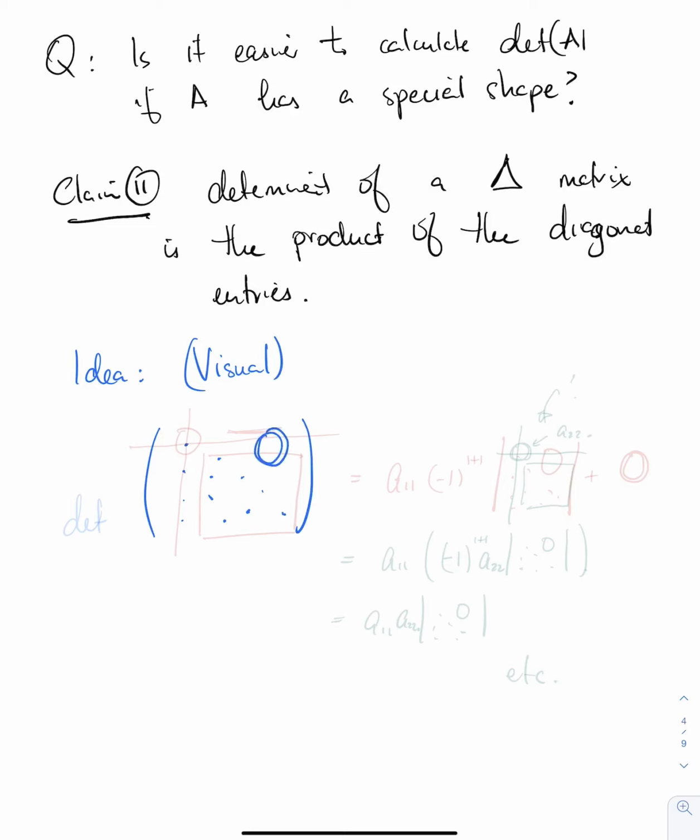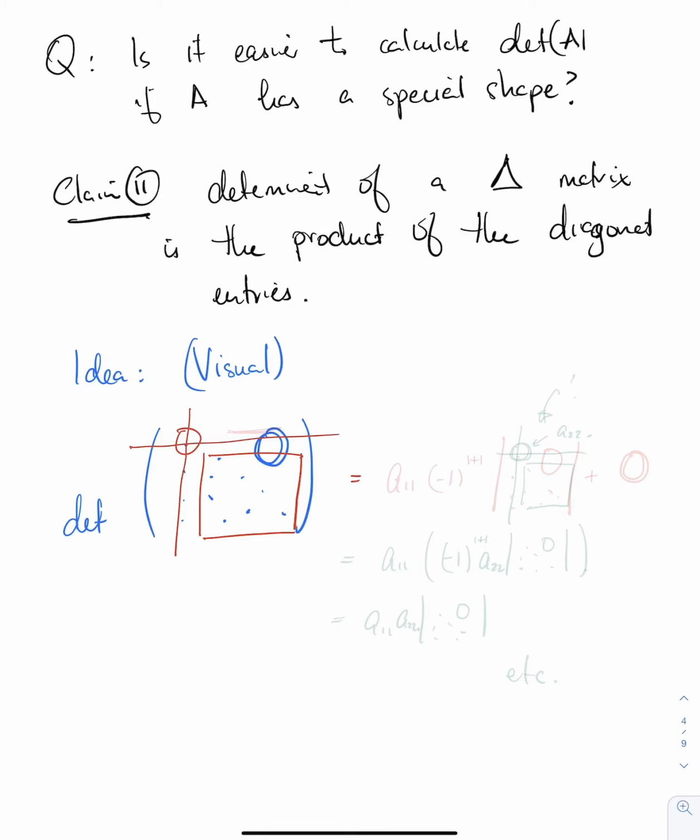And say I want to find the determinant of this matrix. I'm going to expand along the first row, which means I'm going to take A11, erase the column and the row that it's in, and then multiply by, of course, the determinant of the matrix that's left.